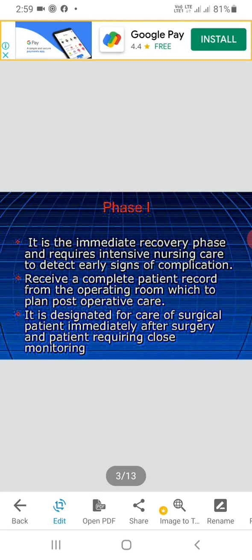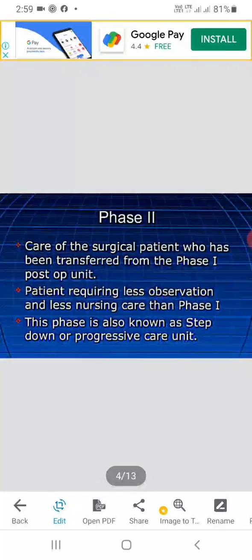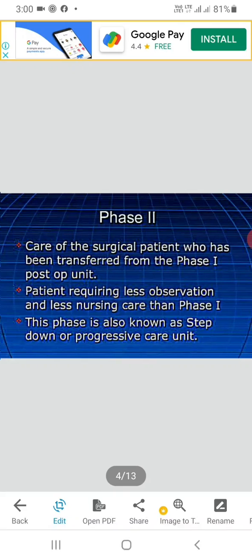Then phase 2 is care of the surgical patient who has been transferred from the phase 1 post-operative unit. As we transfer them to the room, care continues and we also check the vital signs. The patient requires less observation and less nursing care than phase 1. This phase is also known as step down or progressive care unit.